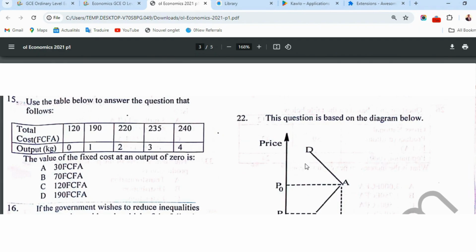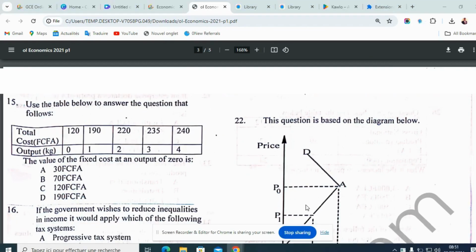Okay, 15. Use the table below to answer the question. Okay, so here we have question 15. It says that use the table below to answer the question that follows.